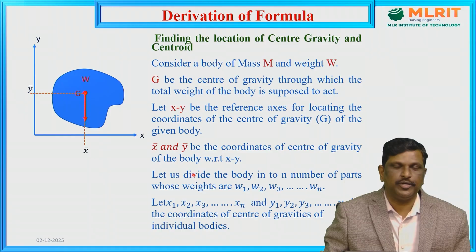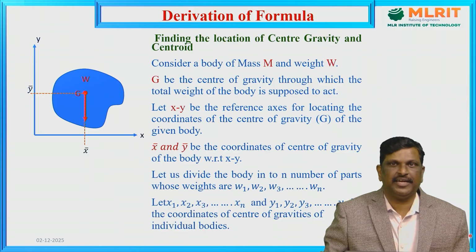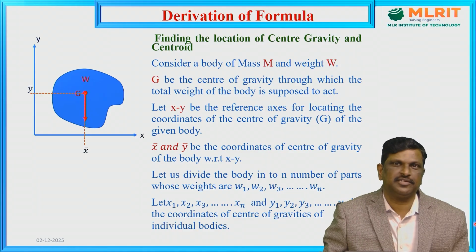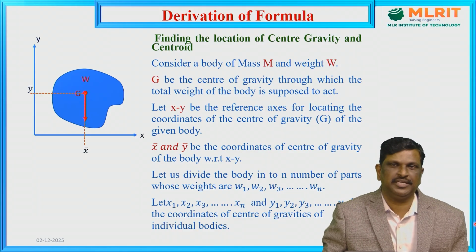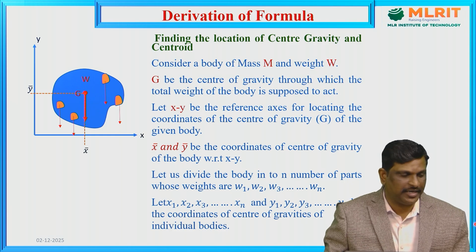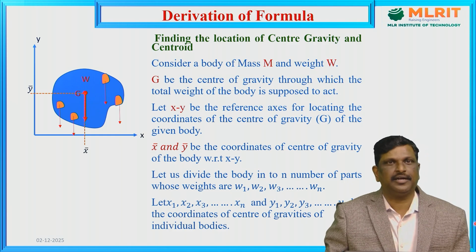Now we are going to find the analytical formula for finding the center of gravity coordinates x bar and y bar. For that, let us divide the body into n number of parts whose weights are W1, W2, W3 and so on, Wn. So each and every part has its own weight. All the weights are acting in the vertically downward direction.